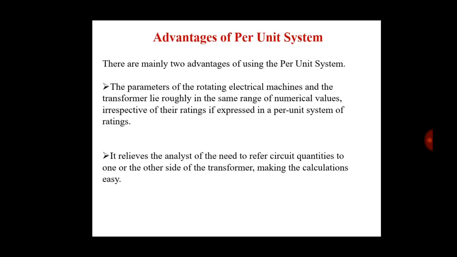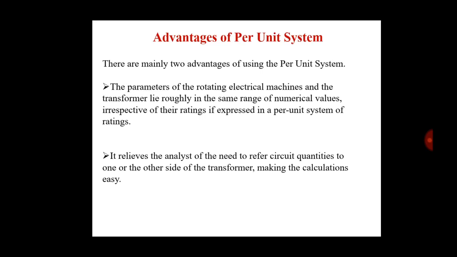Now the advantages of the per unit system. There are mainly two advantages. First, the parameters of rotating electrical machines and transformers lie roughly in the same range of numerical values irrespective of their ratings, if expressed in a per unit system of ratings.